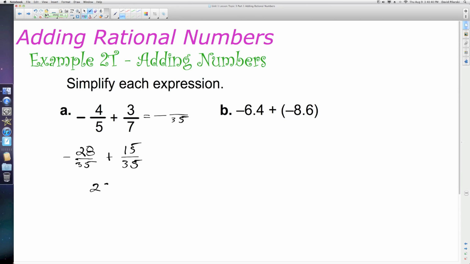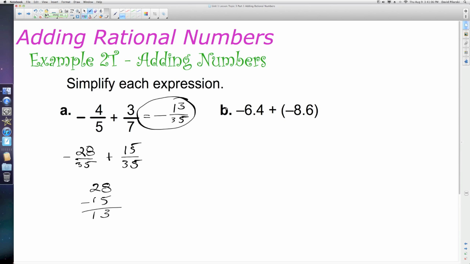I actually need to go 28 take away 15. 8 take away 5 is 3, and 2 take away 1 is 1. So the numerator here is going to be 13. So the final answer when I add these two rational numbers is negative 13 over 35. I had to subtract their absolute values because they were opposite sign numbers.